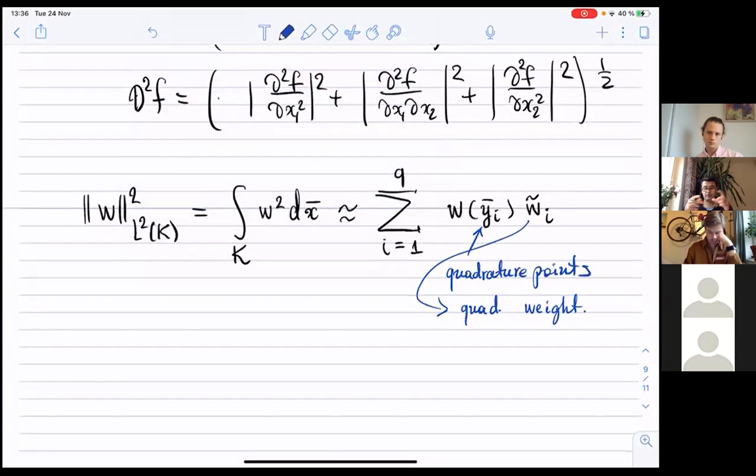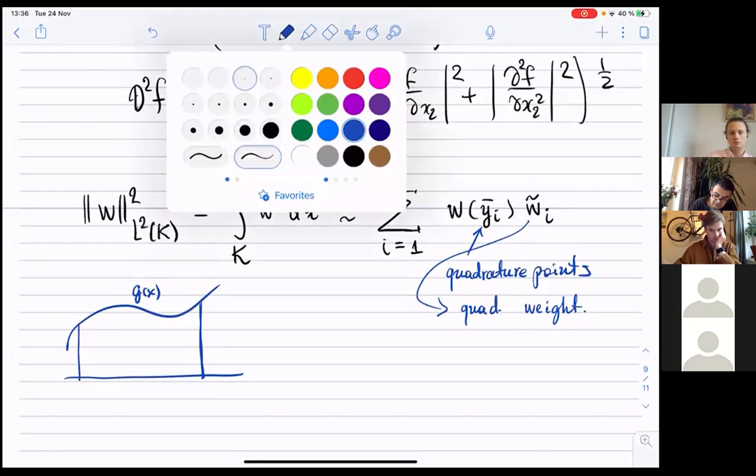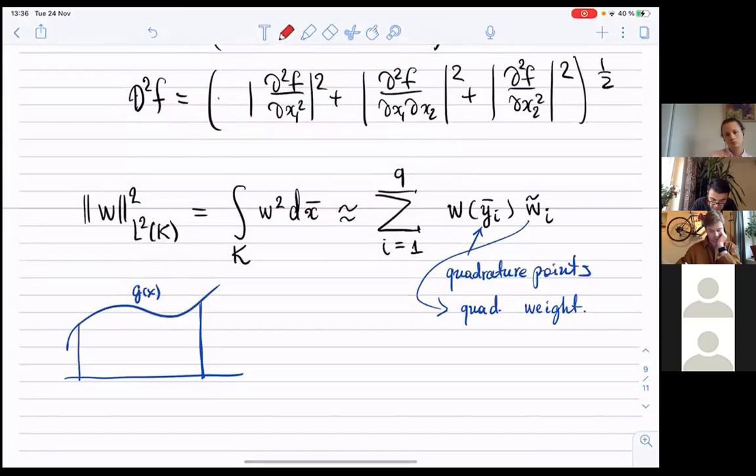Okay, so it says that, like in 1D, for example, if you want to calculate some integral here, we can use a trapezoidal rule. The trapezoidal rule says that instead of calculating this integral, maybe I can just call it g of x, we can calculate the area which is covered by these trapezoids. So this is one way of approximation.